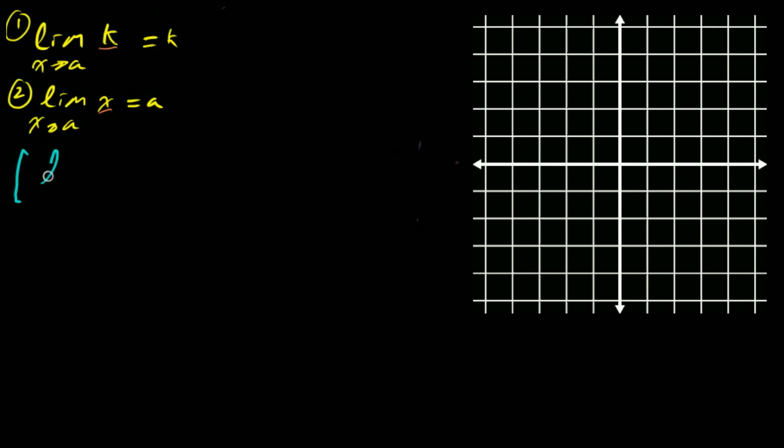And that was that, let's say we're dealing with two different functions, the limit as x approaches a of some function f of x, and the limit as x approaches a of some function g of x.